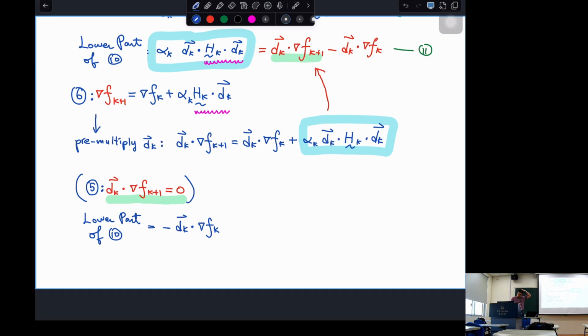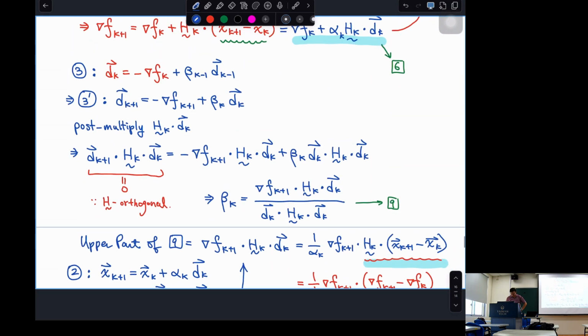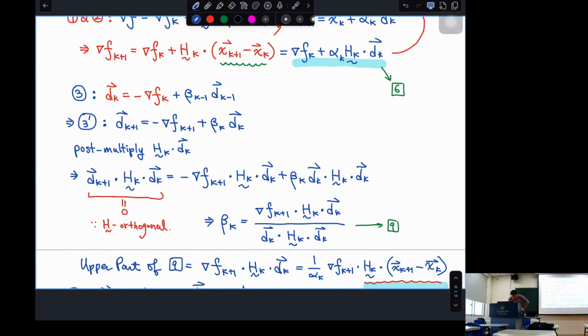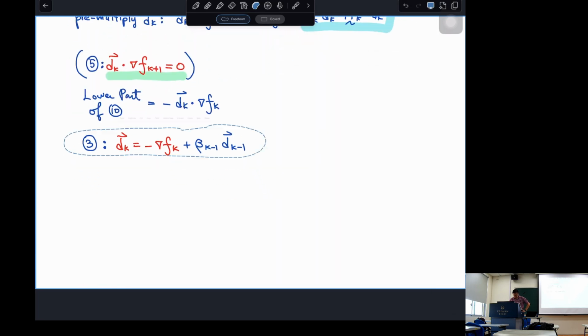Okay, so right here, we are going to recall equation 3. We're almost done. Equation 3 is right here. So earlier we know equation 3 looks like this.